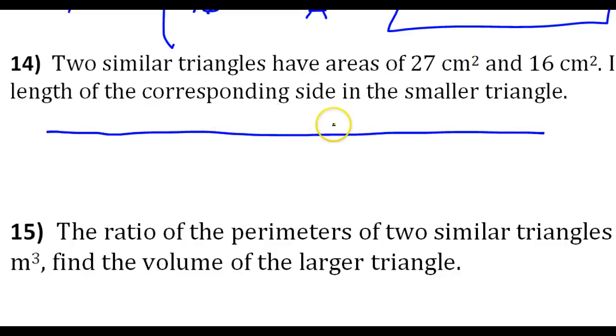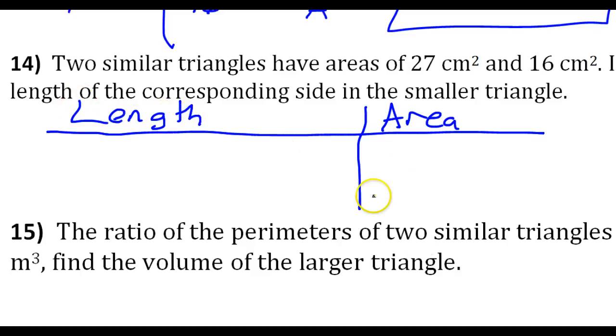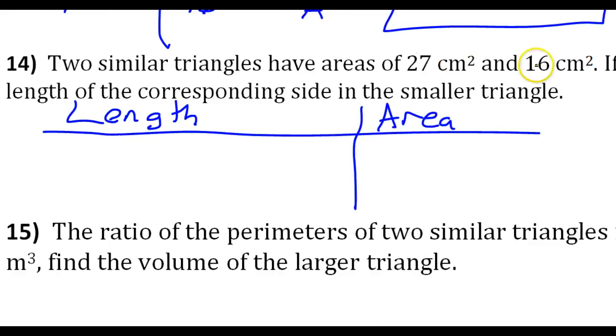So I'm going to make a little chart. This time, they gave us the area scale factor first, and we have to work backwards to find the length scale factor. So the areas were 27 and 16. If I'm just going to go larger over smaller, that's going to be 27 over 16.